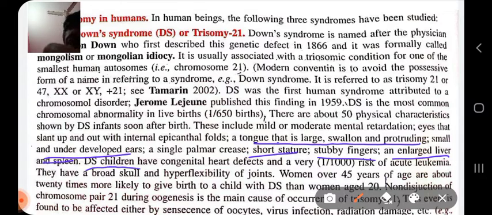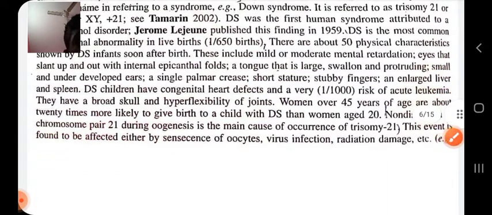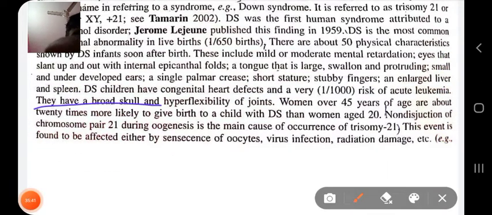Down syndrome children will have congenital heart defects, and they have a risk of acute leukemia. They also have a broad skull and hyperflexibility of joints. It has been observed that women who are 25 years of age are more likely to give birth to a child having Down syndrome compared to women aged 20.